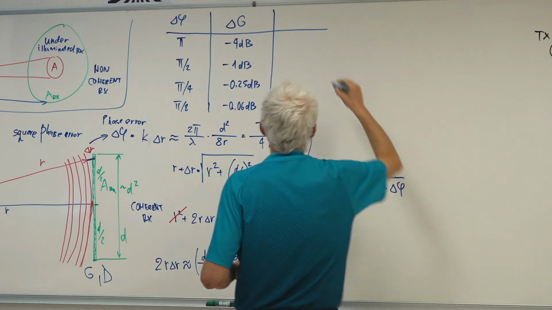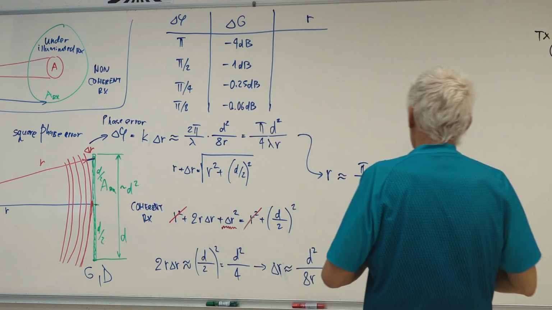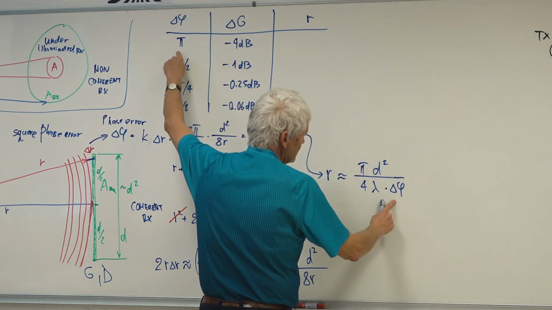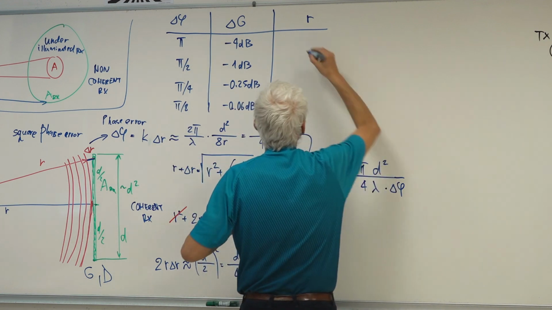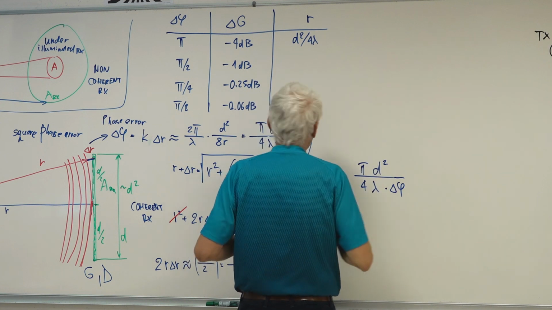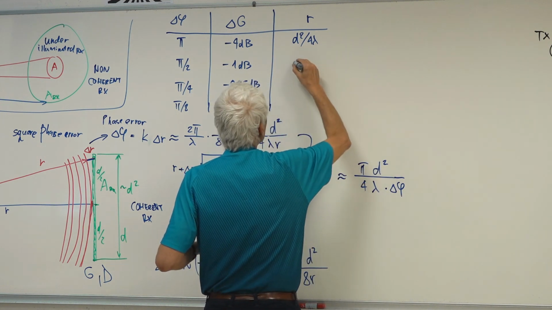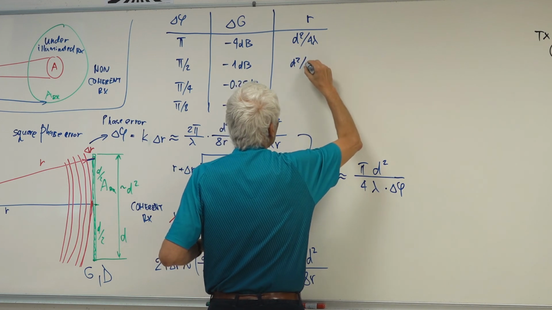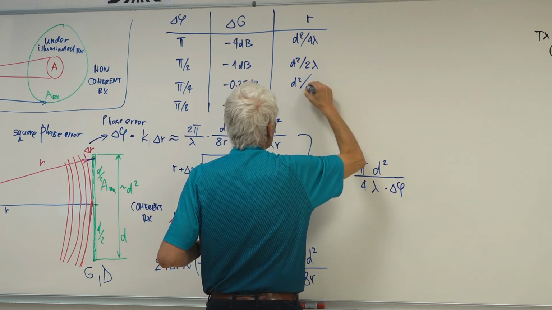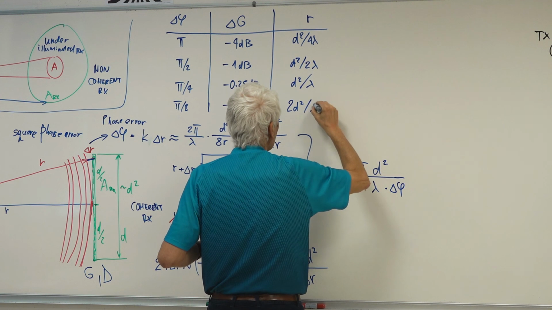At what range does this happen? So here I put π for the delta phi, the phase. If I put π, I get d squared over 4 lambda. Here I get π/2 if d squared over 2 lambda, d squared over lambda, and here I have 2d squared over lambda.